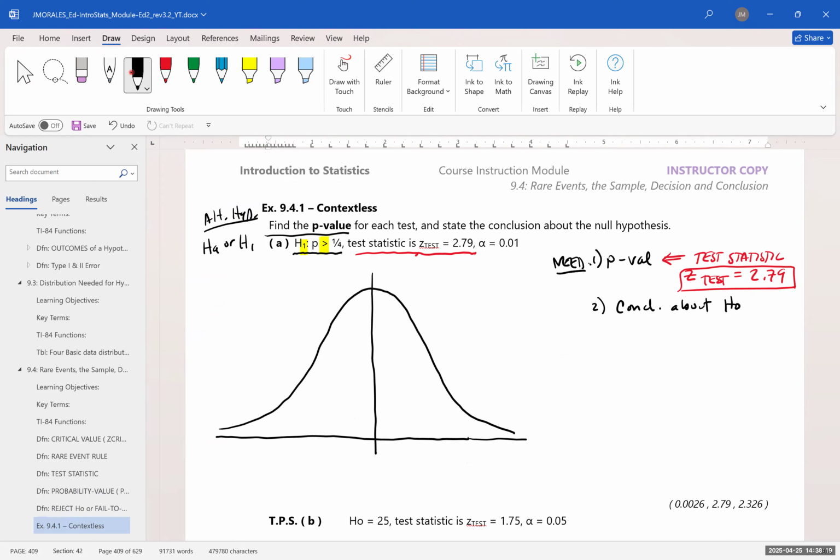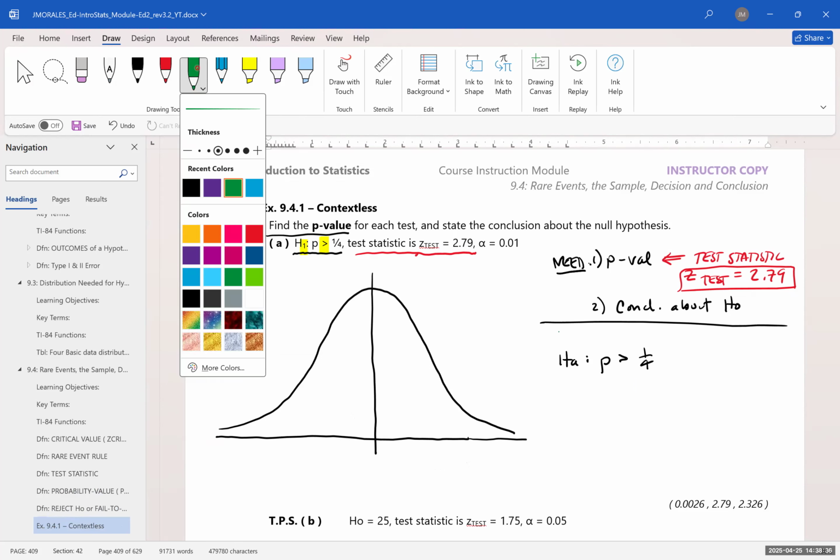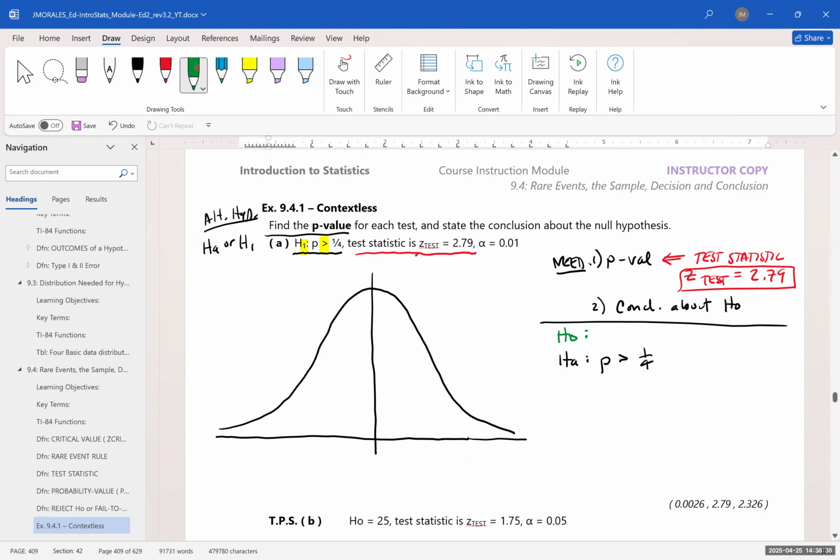So if our alternate hypothesis is that the population proportion is greater than 1/4, then what is going to be our null hypothesis? It's going to be that the population proportion, it'll have P, it'll have 1/4. Okay, but what is the complement of greater than?